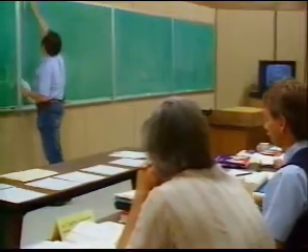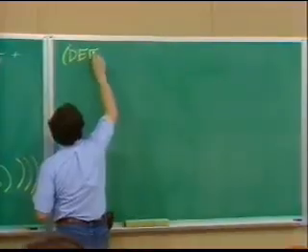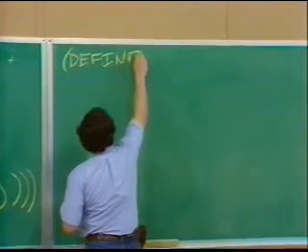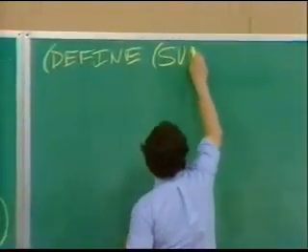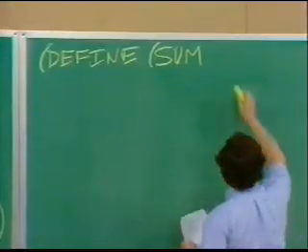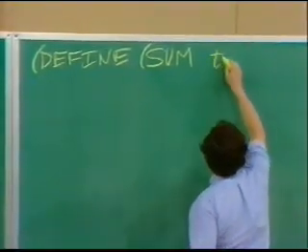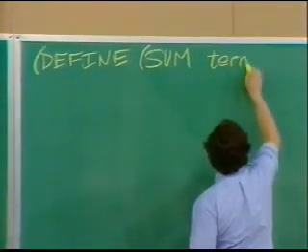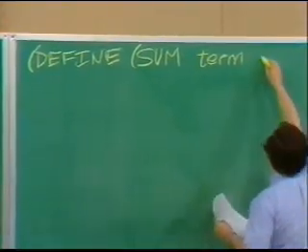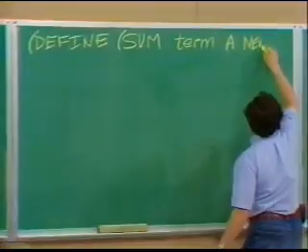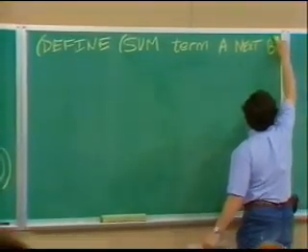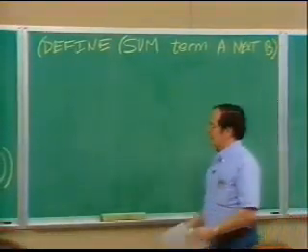So here we'll define our sigma notation. This is called sum, and it takes a term, and a next, and a and b as arguments. So it takes 4 arguments.